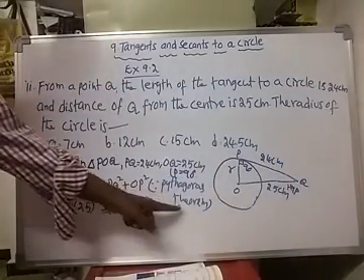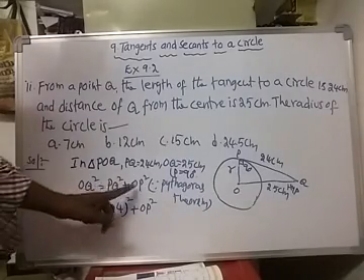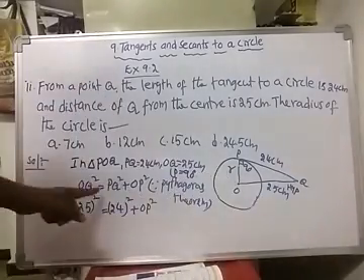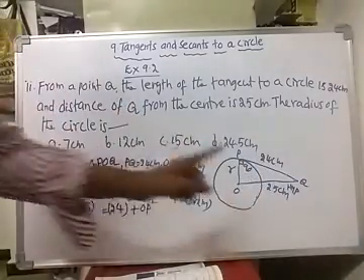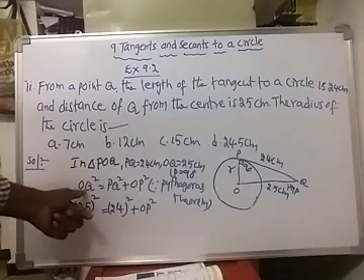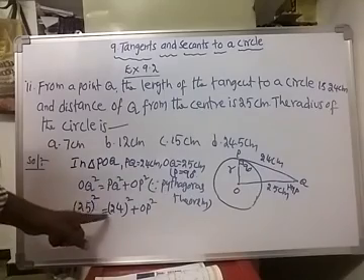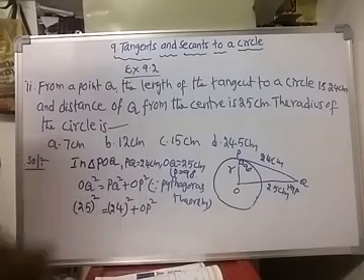By the Pythagoras theorem, the hypotenuse square is equal to the sum of the squares of the other two sides. So OQ square is equal to PQ square plus OP square. OQ is 25, so 25 square is equal to 24 square plus OP square.